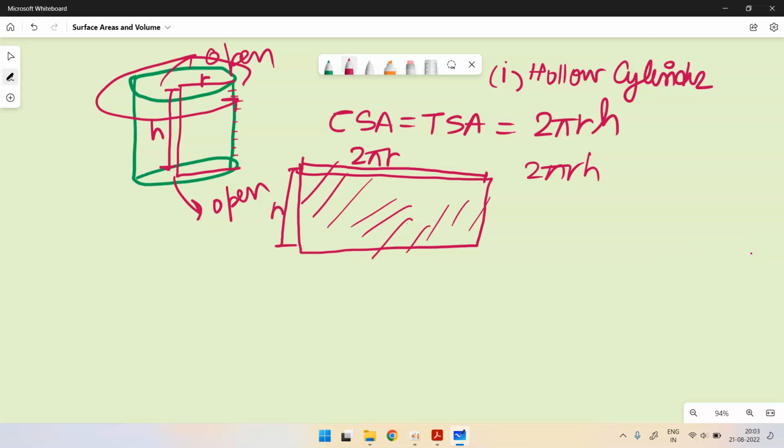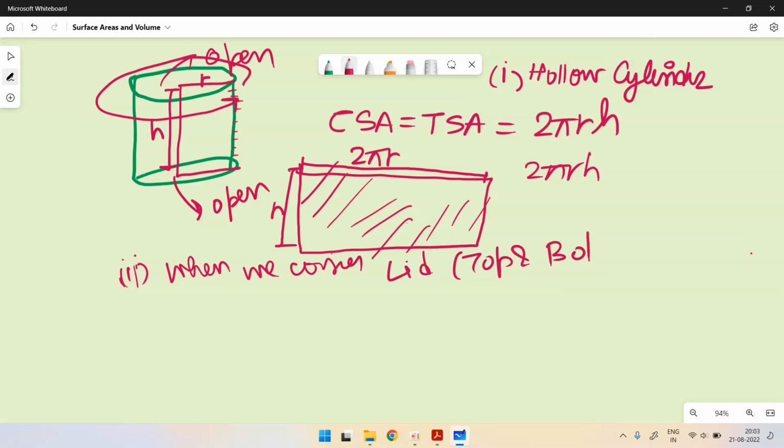Second, when we consider the lid, top and bottom both closed, then TSA will not be equal to CSA.